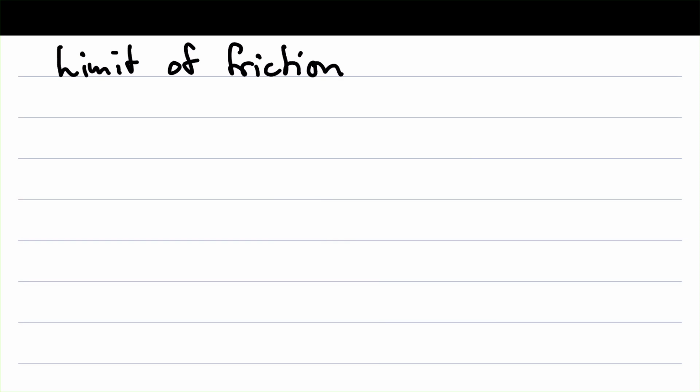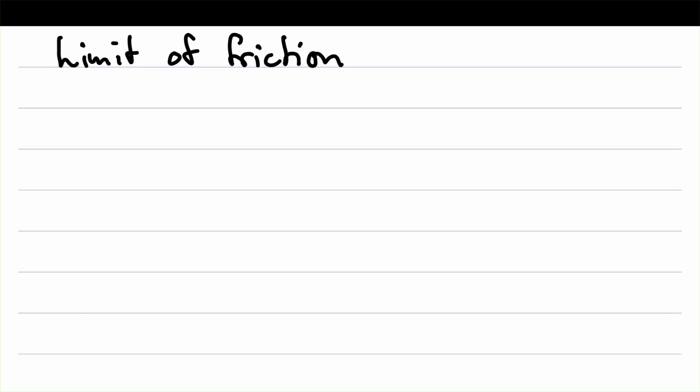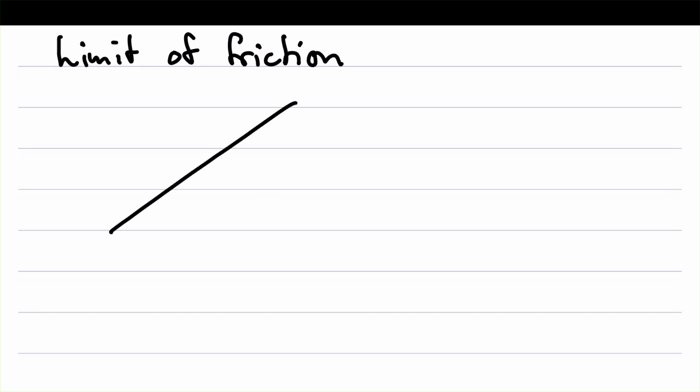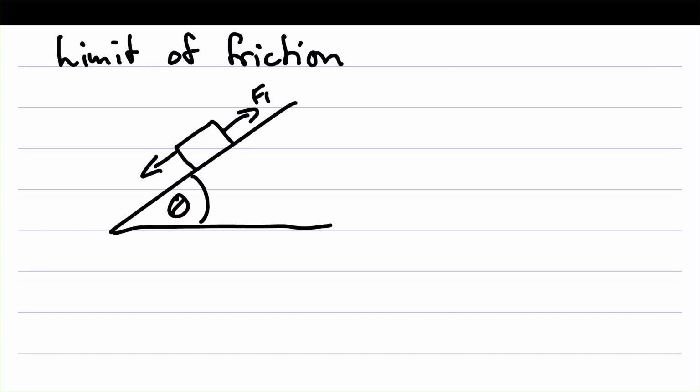It means that depending on whether the object is slipping down a slope, for example, or is being pushed up the slope, so therefore we have a slope with an angle, and it's on the point of slipping, meaning that the resultant force is going to go downwards. Friction is going to oppose that.